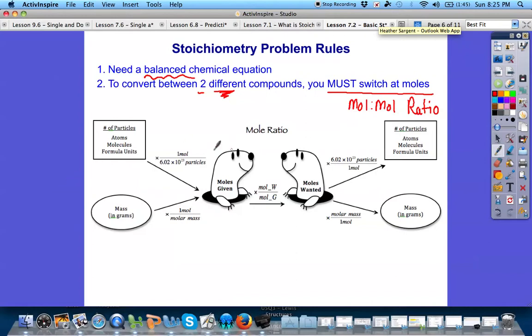So today, in this lesson, we're going to start with the bottom half of the stoich map, only working from mass to moles to mass, or moles to mass, or mass to moles. Next time we'll talk about particles as well.